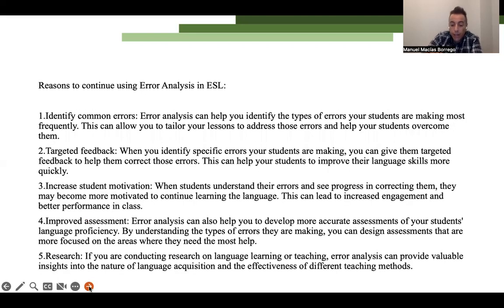So, as I said at the beginning, I would like to finish the presentation by posing myself a question: reasons to continue using error analysis in English as a second and foreign language at the university level. In my personal experience, error analysis helps me to identify common errors inside my class. It helps me to produce better feedback.